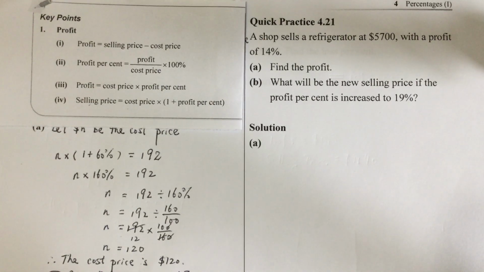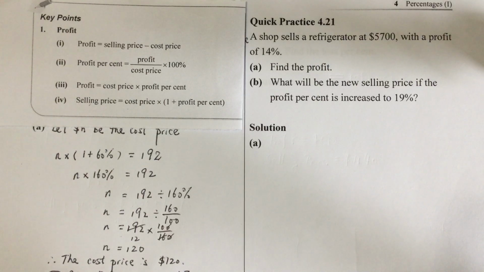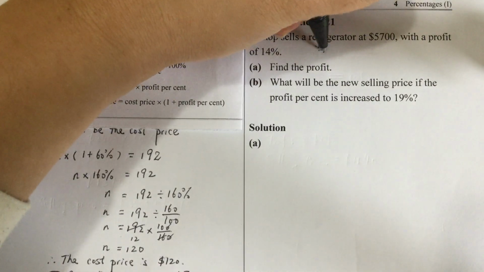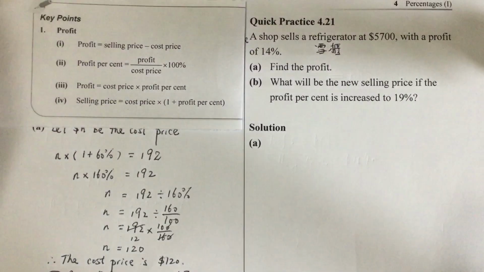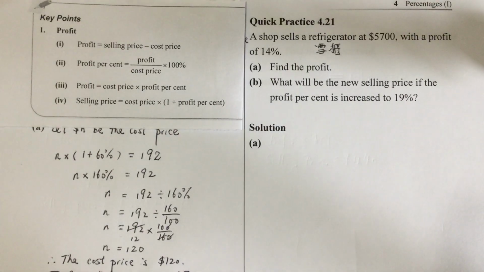Now I will give you some hints. If you don't need any hints, please pause the video now. A shop sells a refrigerator. Refrigerator in Chinese is called 雪柜, but it doesn't matter in mathematics. Every time we can change it to anything, refrigerator, washing machine, whatever you have.